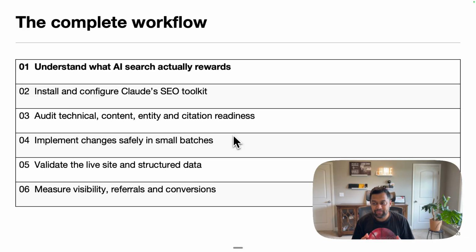That's how you are going to win the game, and then you finally validate the live site and the structured data. I'll give you copy-paste ready prompts in the script and in the description. You basically replace the bracketed fields with your brand name or your company, and then you should be able to get an immediate response or audit data from Claude or any other coding agent that you're using.